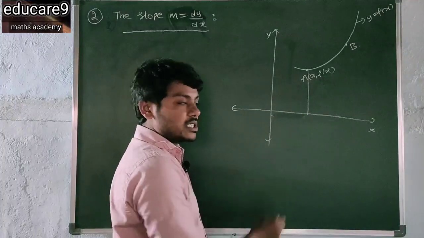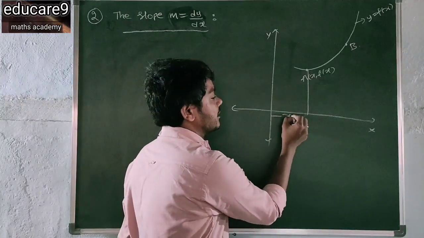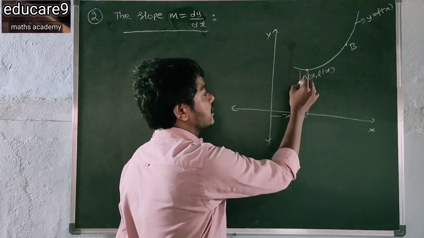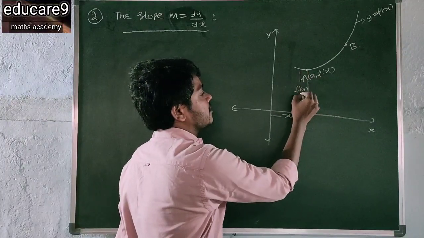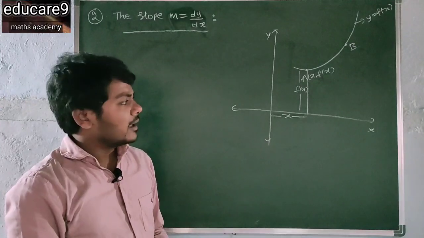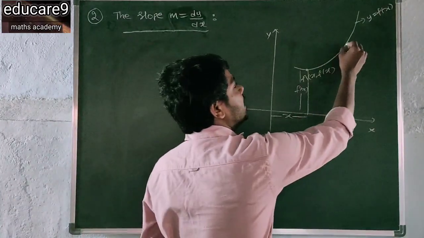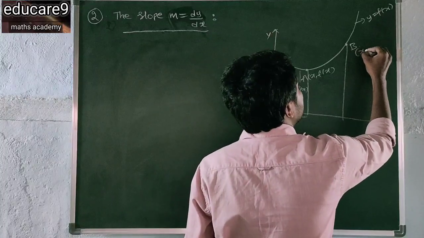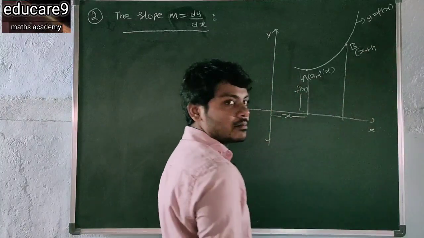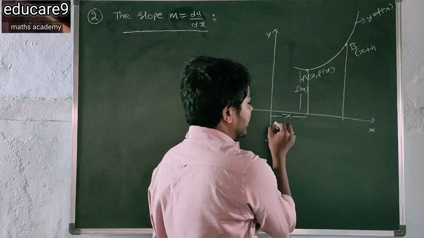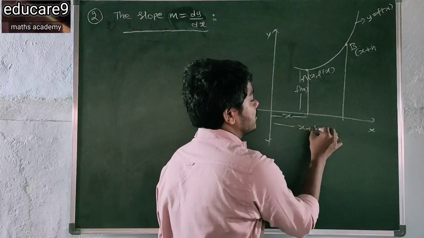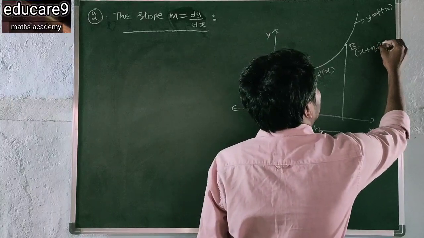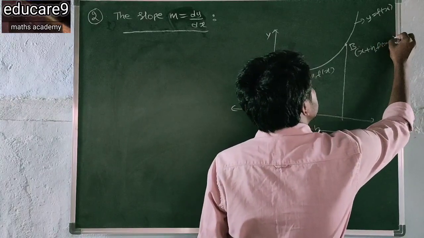So this is the horizontal distance, that is x, and this is the vertical distance, that is f of x. And let B be any other point, so that point is x plus h. So the horizontal distance is x plus h, comma f of x plus h.